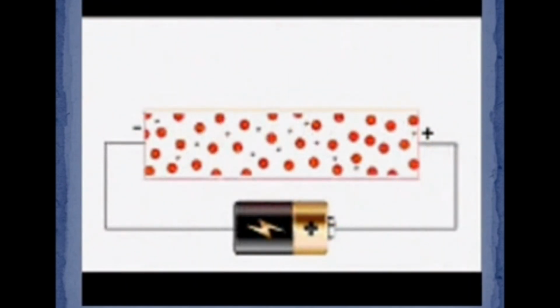Electrons flow from lower potential to higher potential, while positive charge flows from higher to lower potential. When the battery is connected, the electrons flow from the negative terminal to the positive terminal. The conventional current direction is from positive to negative, but electrons flow from the negative terminal to the positive terminal.